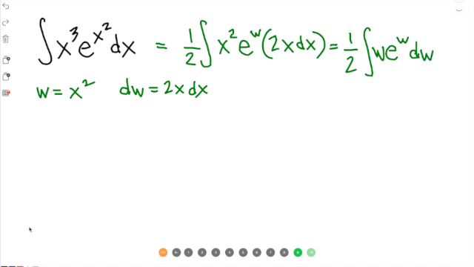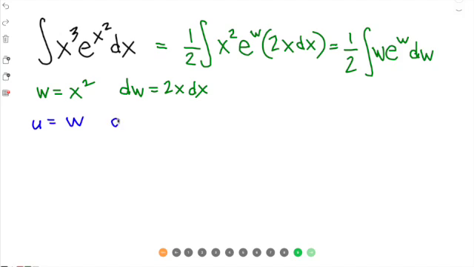So now, identifying u, we have learned earlier that polynomial or algebraic expression will go first before exponential. That's LIPET, right? So polynomial comes before exponential. Therefore, our selection of u must be w.